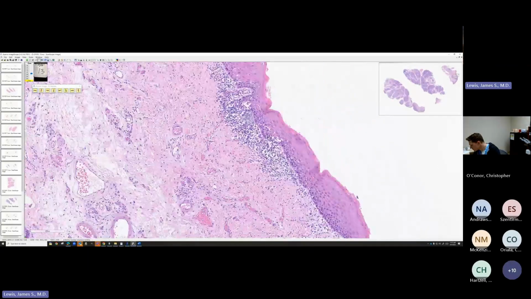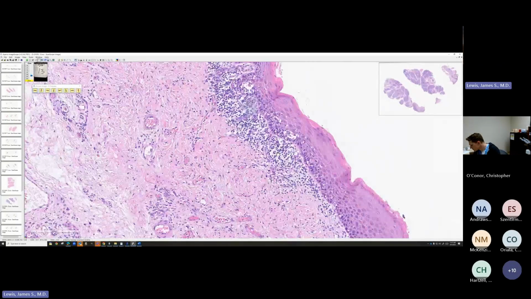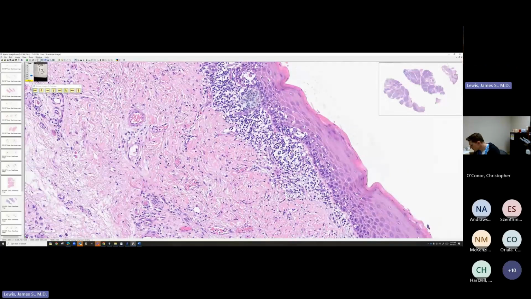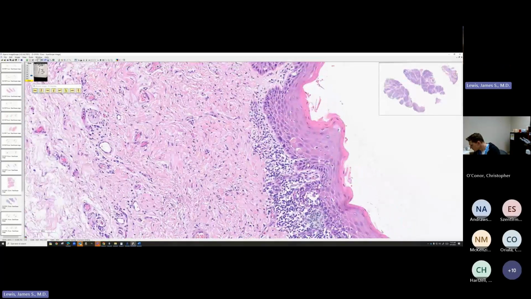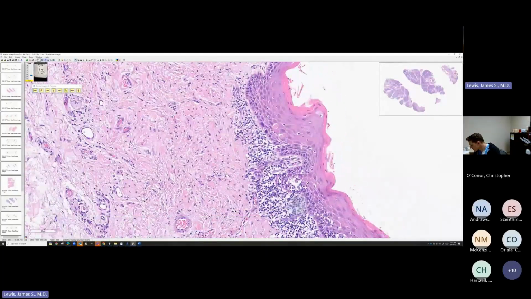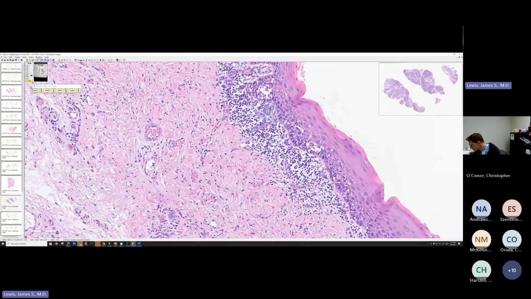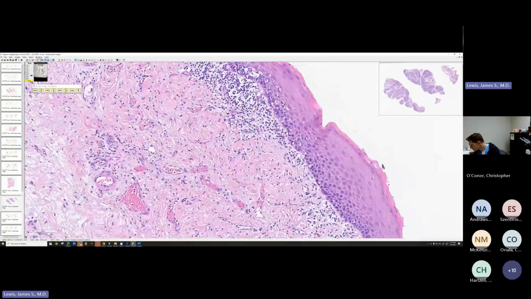Now you see the inflammatory infiltrate? If it's just lymphocytes, then I always worry more. People say, oh my gosh, that's inflamed, you should worry about reactive. And I say inflamed, you should, but if it's just lymphocytes, even if it looks like there's some exocytosis and dyskeratosis, that happens a little bit.